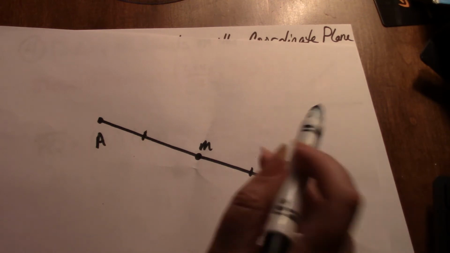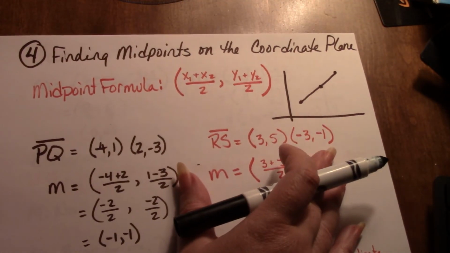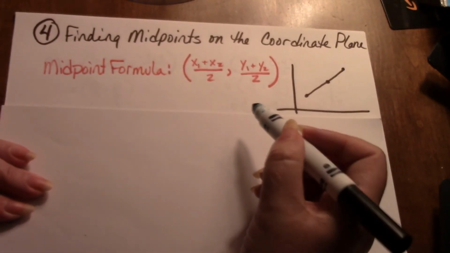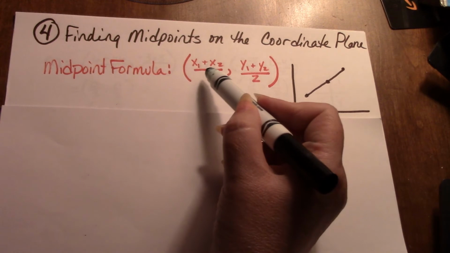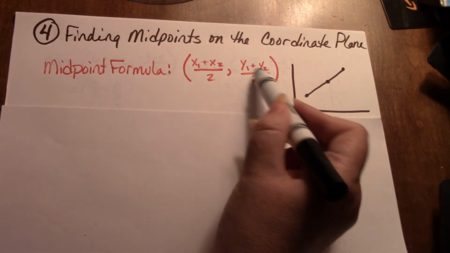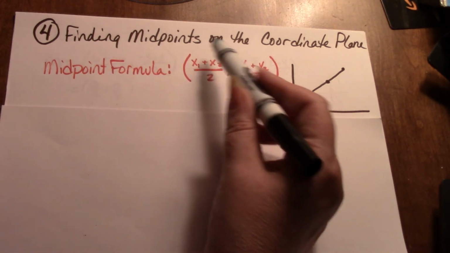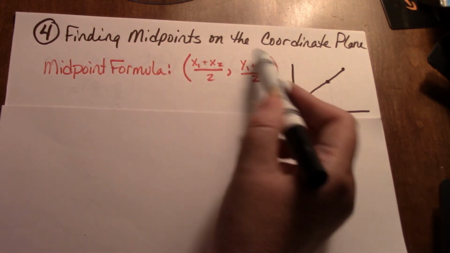And then we're actually going to get to some math. Finding midpoints on a coordinate plane. The midpoint formula, if you remember from last year, is x1 plus x2 divided by 2, comma, y1 plus y2 divided by 2. It's the average of the 2 x's and the average of the 2 y's.